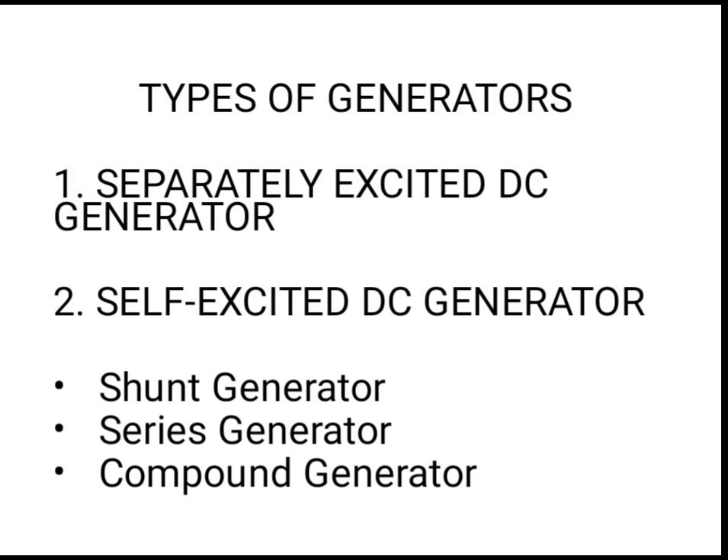First, separately excited DC generator. The field winding is powered by an external DC source. Second, self-excited DC generator. The field winding receives current from the generator itself. These types include the shunt generator, series generator, and compound generator. Each type has different voltage characteristics and applications.